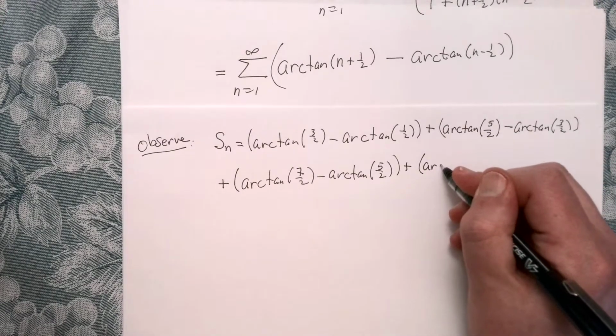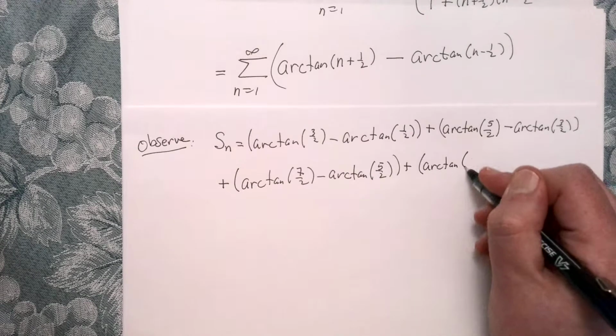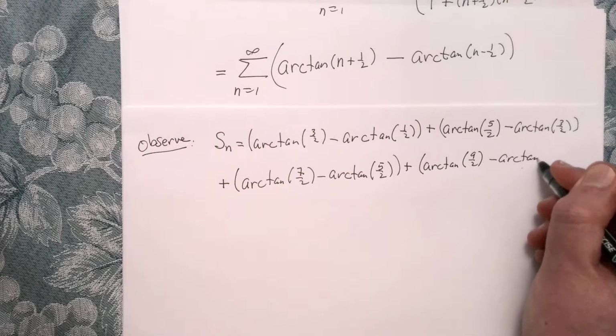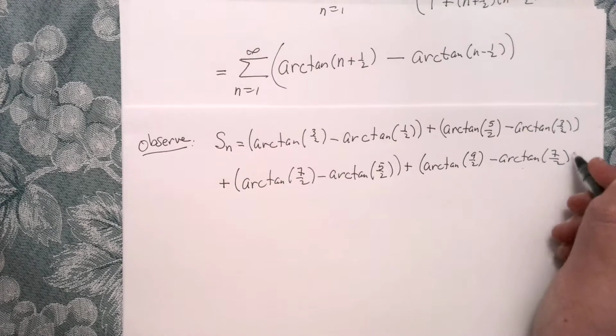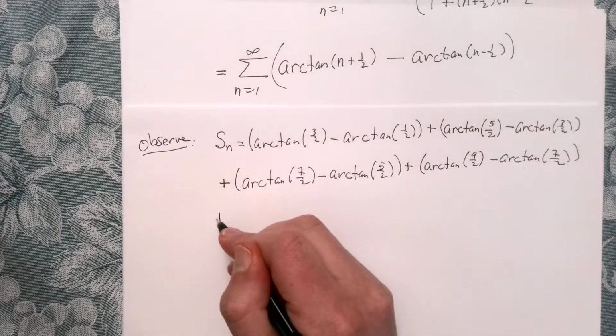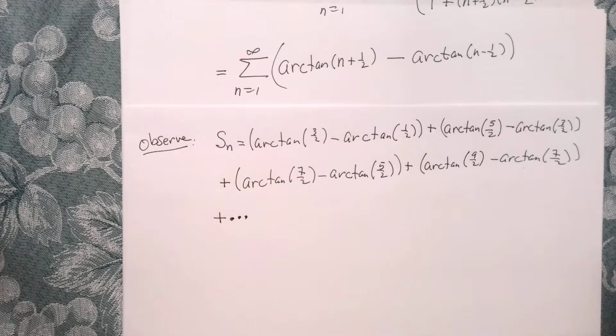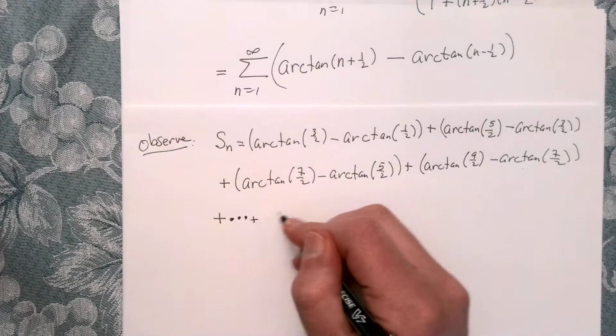So that gives me the arctan of 9 halves, minus the arctan of 7 halves. Okay, and then we're going to say plus dot, dot, dot. So imagine we have all those middle terms. And then the term before the nth term, the n minus first term, would look like this.